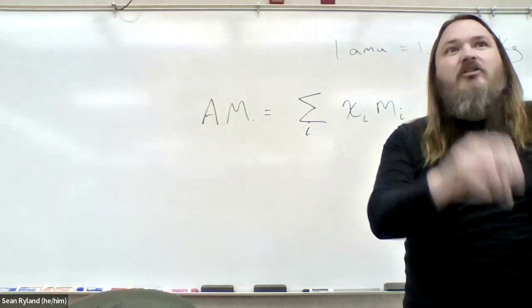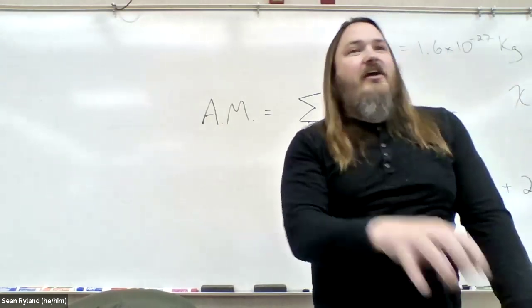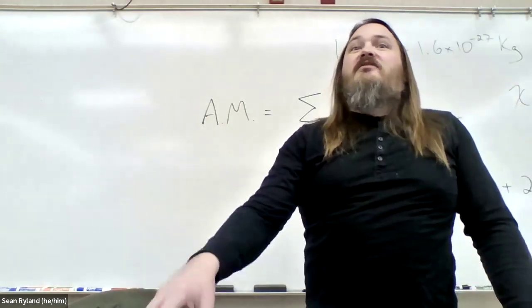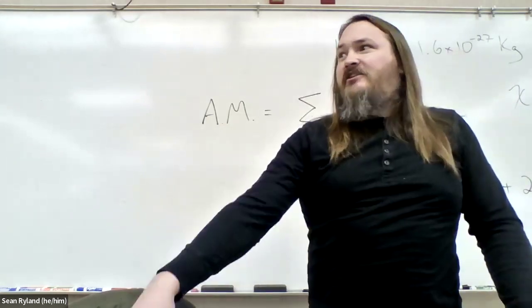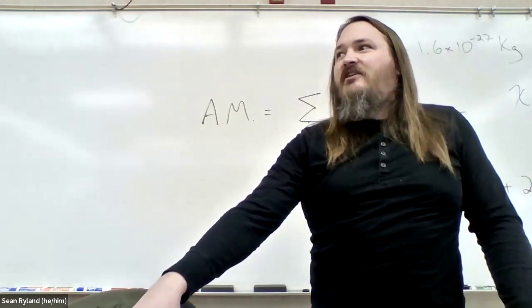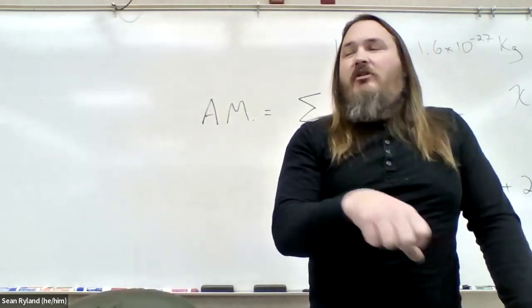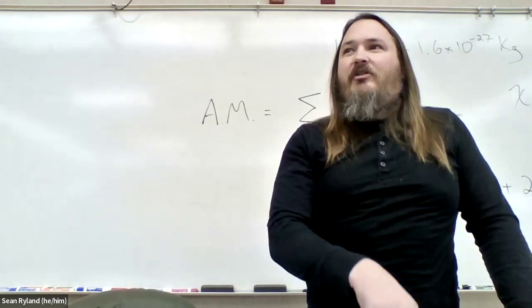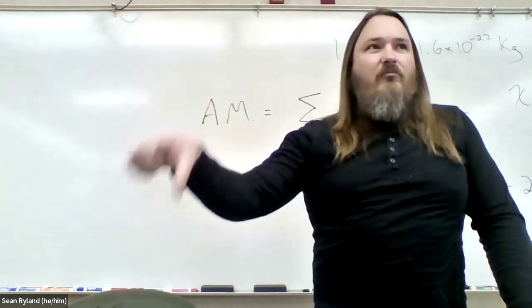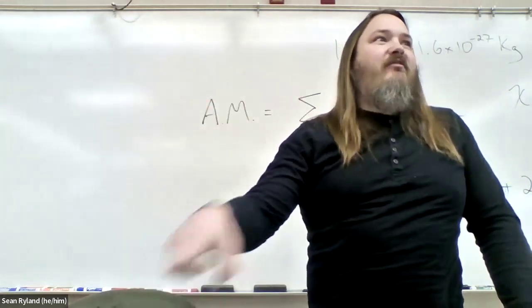The fact that we have elements in our solar system that are not hydrogen and helium tells us that we're a second generation star system, because the only way you got noticeable amounts of anything higher than lithium on the periodic table had to come from the fusion reactions of a previous star.